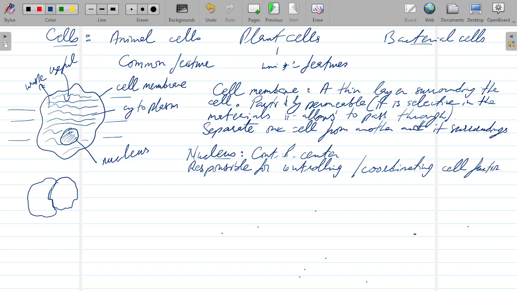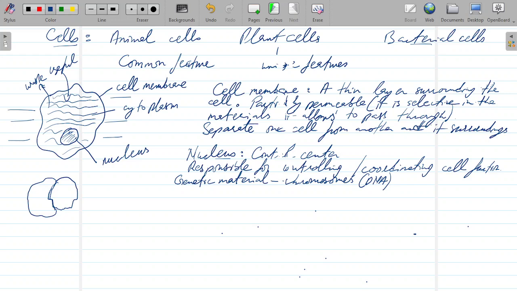What's inside the nucleus is genetic material. That genetic material is called chromosomes. Chromosomes are DNA. Now we'll get to this all in detail later.